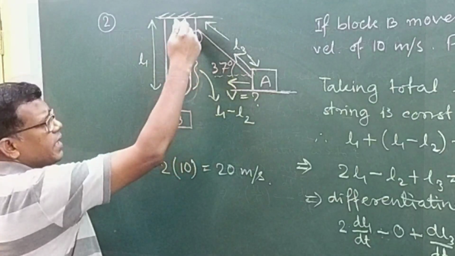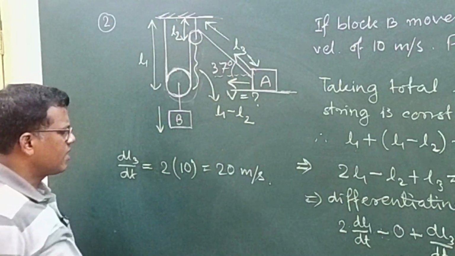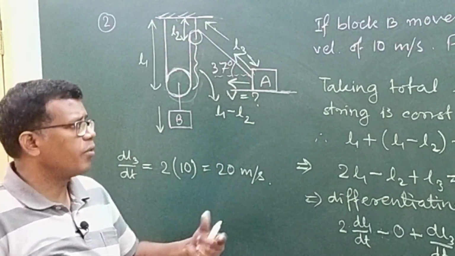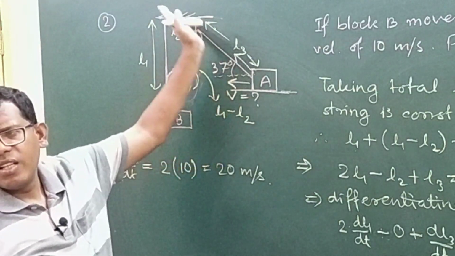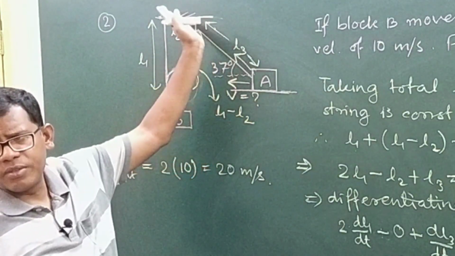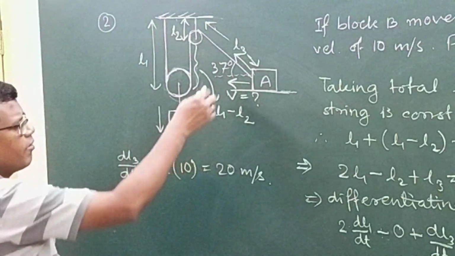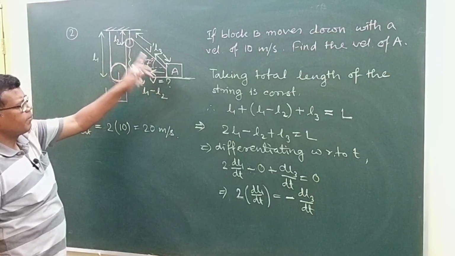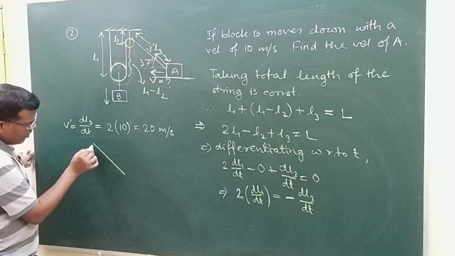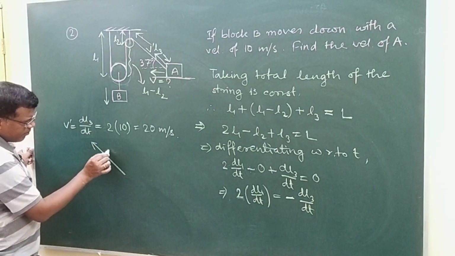Along L3, the string changes its length at this speed, but we are not supposed to calculate the speed of the string along its length. Rather, we need to know the velocity of the block. So if this is the velocity v dash, we got this speed as 20 meter per second.